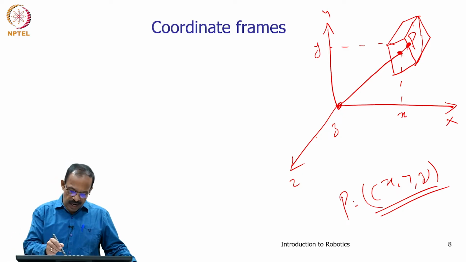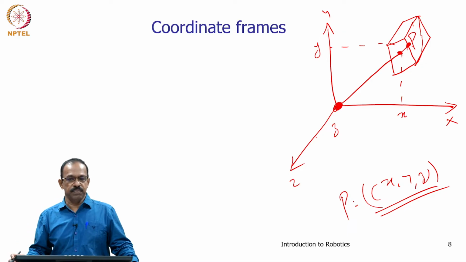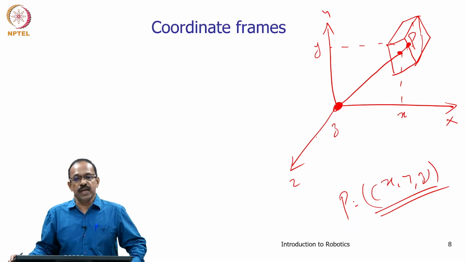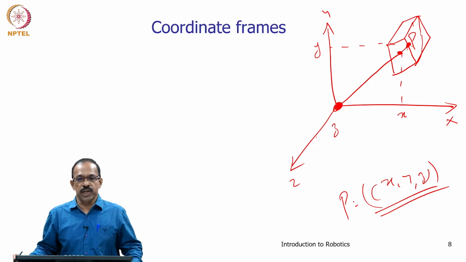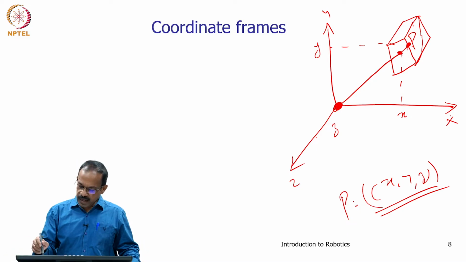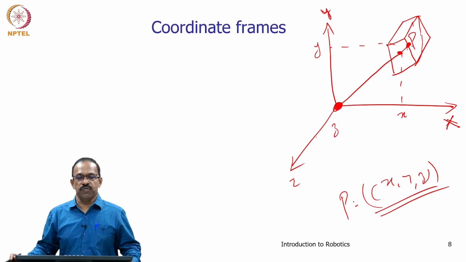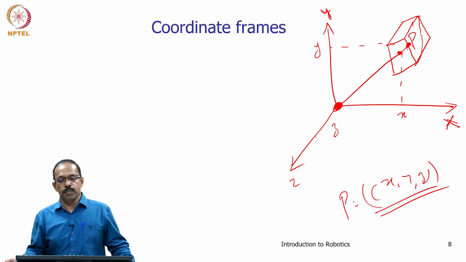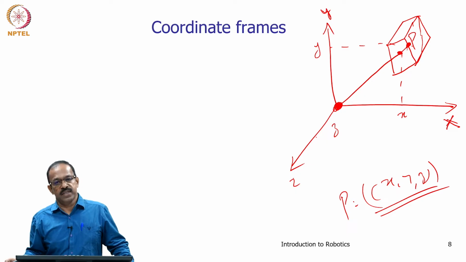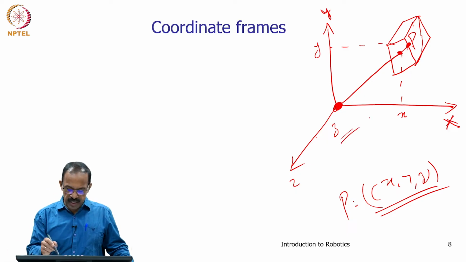So, we need to always have a reference frame. We call this the reference frame, with respect to which we can represent a position. Whether it is a point or an object, we can use a reference frame to represent its position, and that is what we call the coordinate frame.